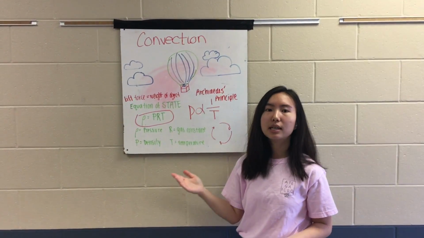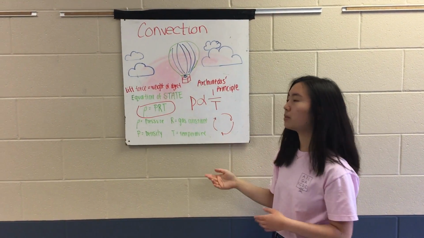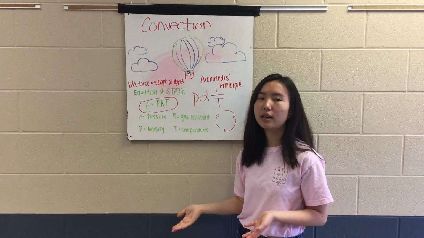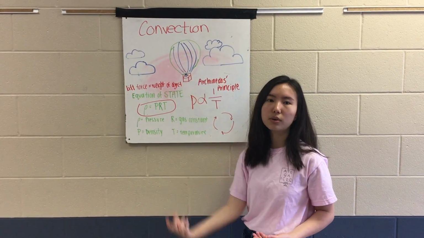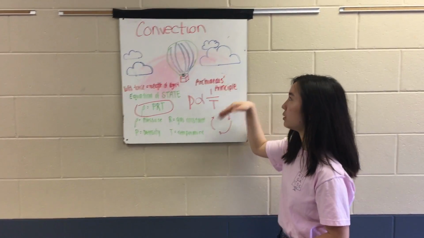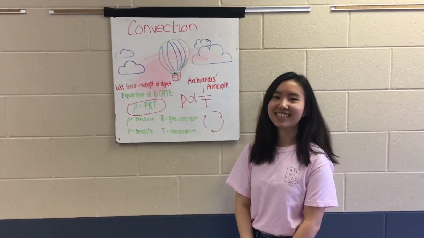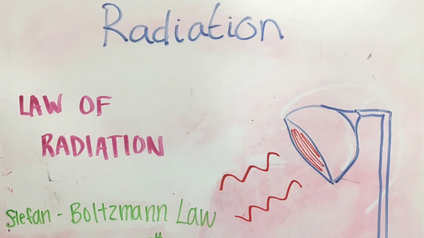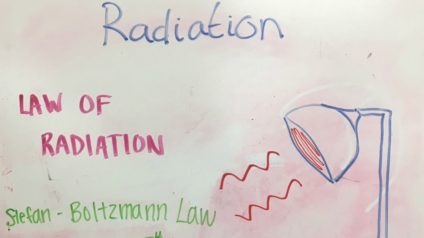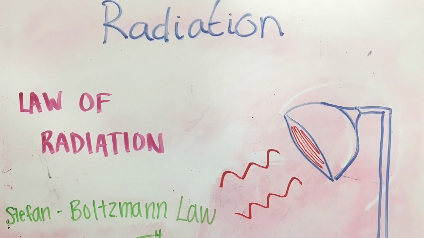So the density is greater inside the balloon, which means that the balloon is now heavier than the surrounding air, which causes the balloon to lower itself, and that's how you get lower. Yeah, that's convection.